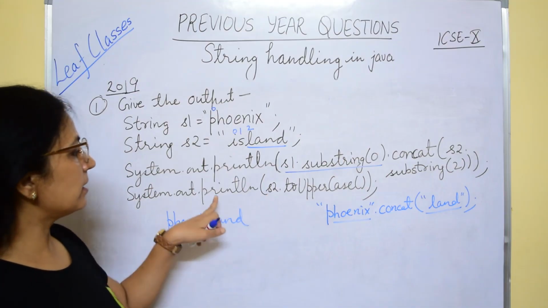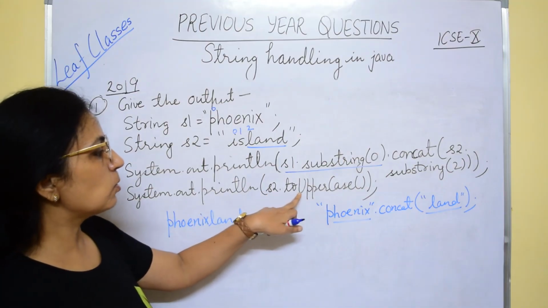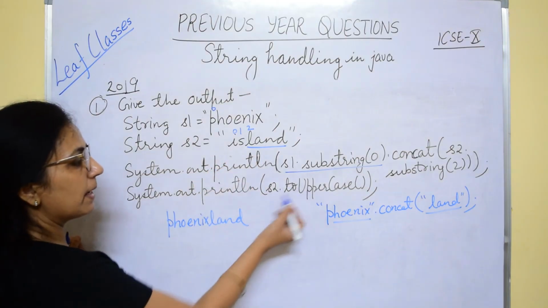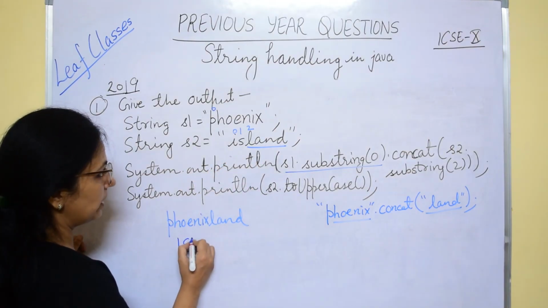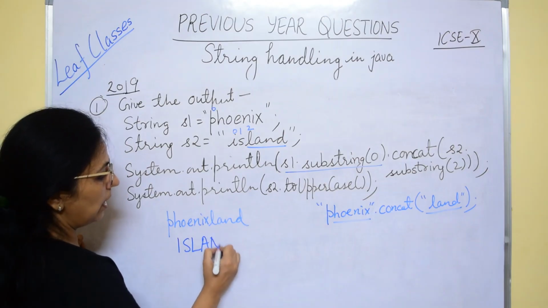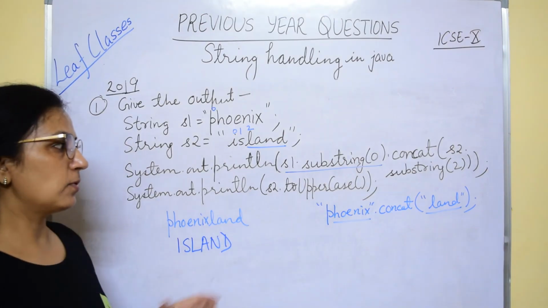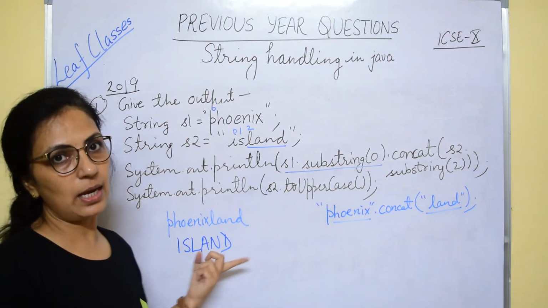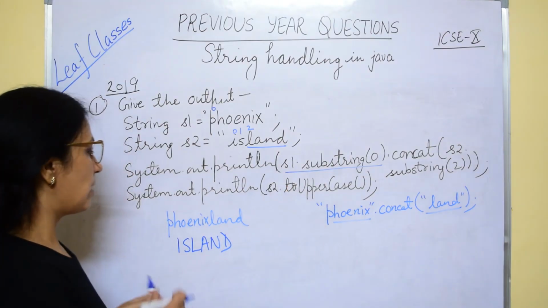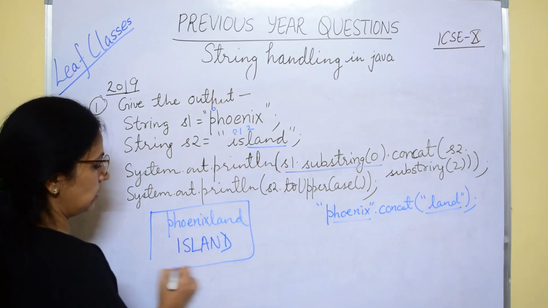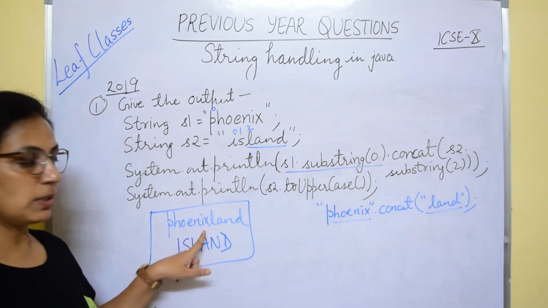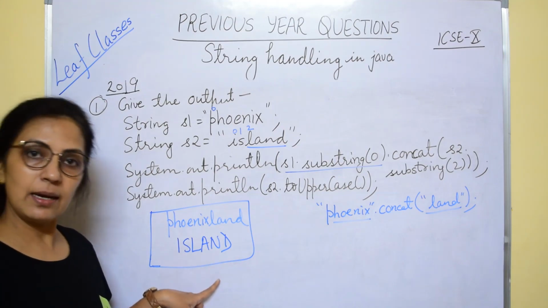And the second output is S2 dot toUpperCase. S2 is island, so it will be converted to capital using the toUpperCase function, which converts the given string into uppercase. So the output of these two statements will be Phoenixland without any space in between, and ISLAND in uppercase.